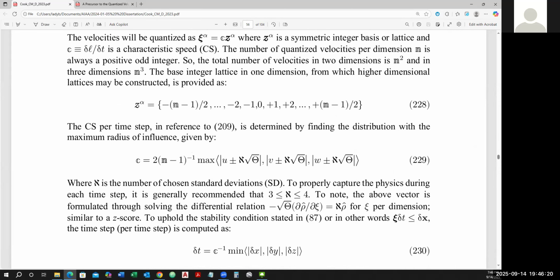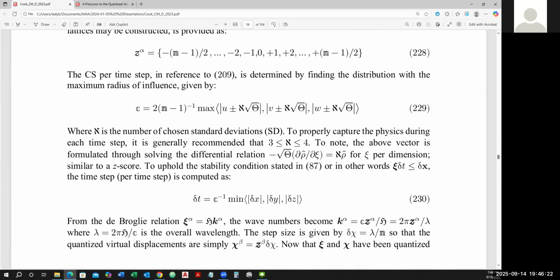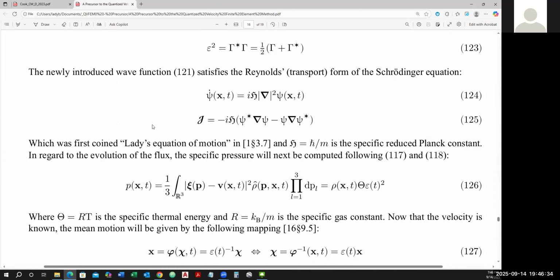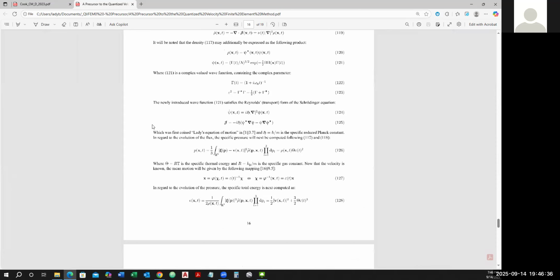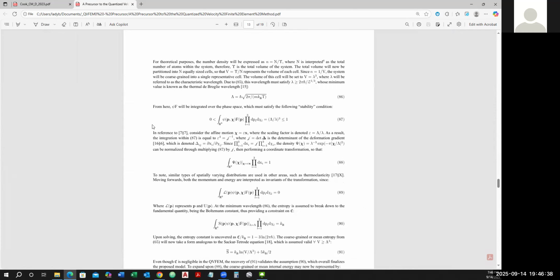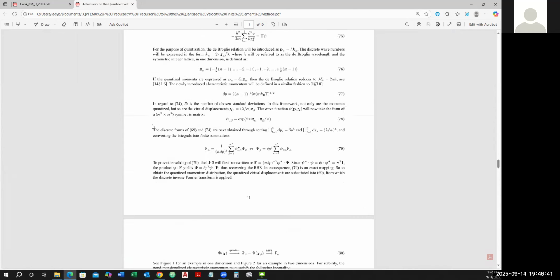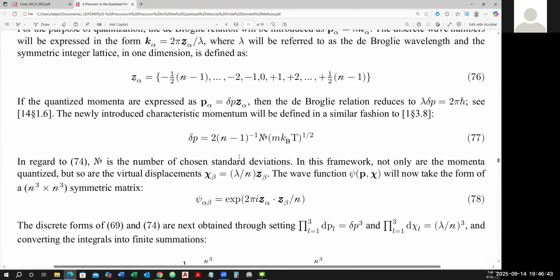Here's your step vector. This is your characteristic speed, which we are going to determine. So we're going to put 229 into the code. If you go into the precursor, we're going to go back into that quantum mechanics section. Essentially we are putting in line 77, but this is momentum.